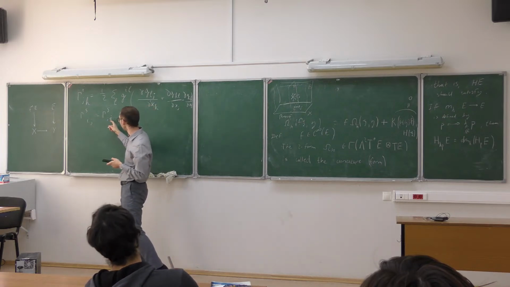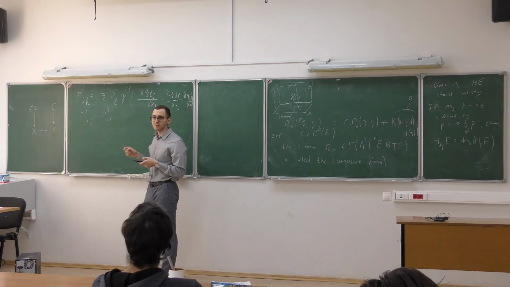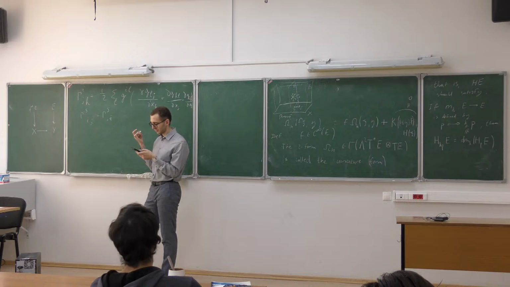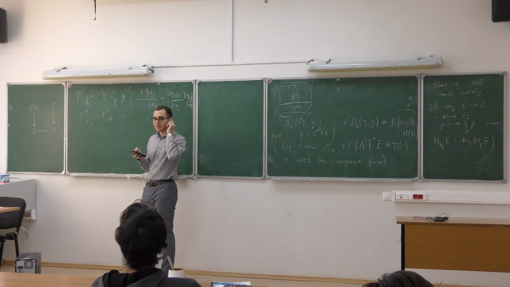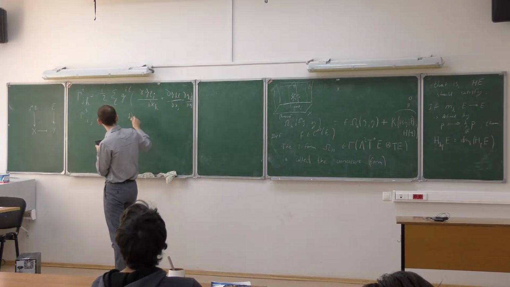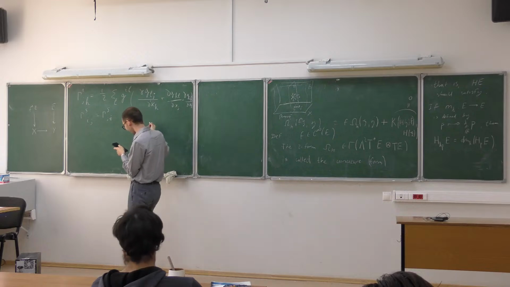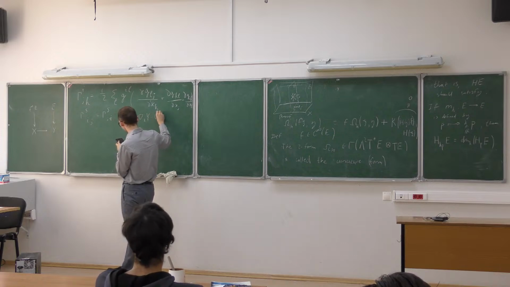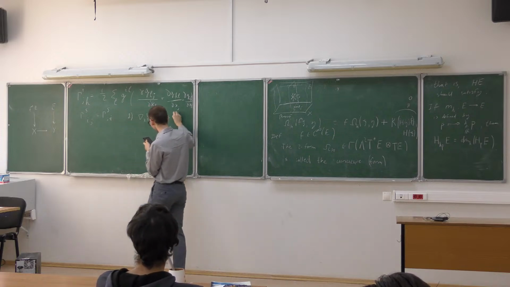So you have symmetry in ij. Yes, but this is because of what? This is because of the first condition on the Levi-Civita connection to be good. So this just means that the connection has no torsion, right? Yes.